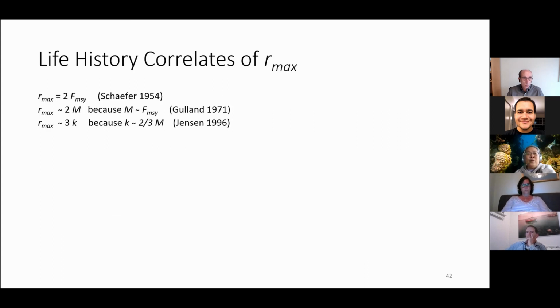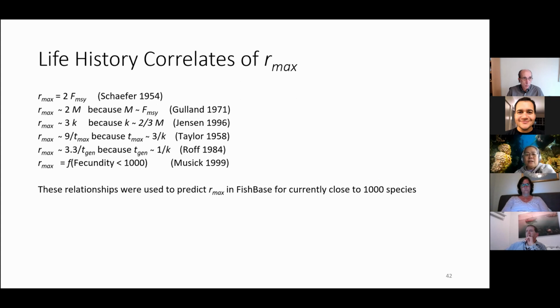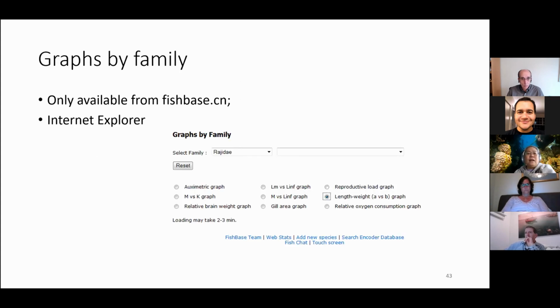Right. So these are just life history correlates that were used for our max in FishBase, for which we have 1,000 species. And definitely there's graphs by family. If you wanted to look at those, you will need to use fishbase.cn and Internet Explorer.